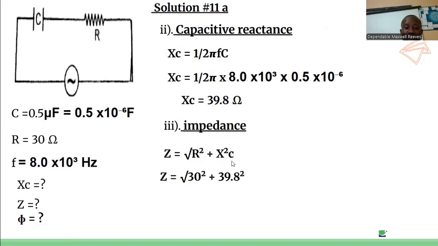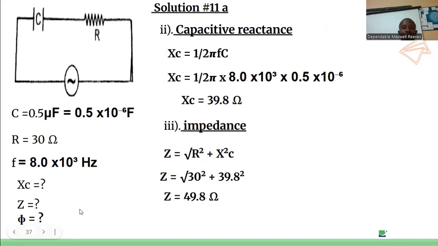Replacing the values, the impedance is the square root of 30 squared plus 39.8 squared. Solving this and taking the root, we have the impedance equal to 49.8 ohms. So this is our answer.